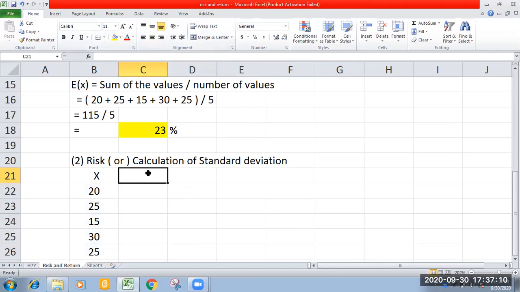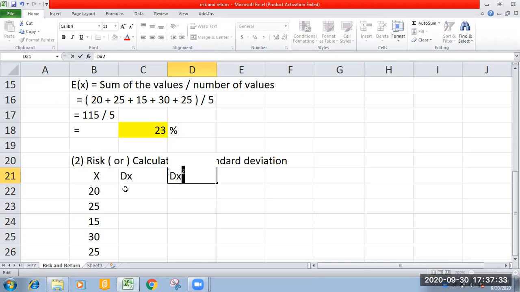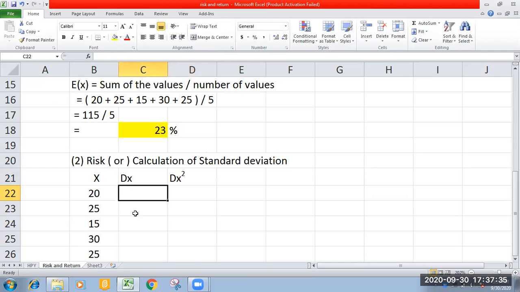The other column we want in this calculation is dx, deviation in X. Another column dx square, you can put it as dx power 2, which is called dx square. Actually, what is dx?